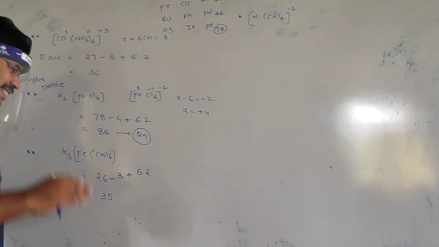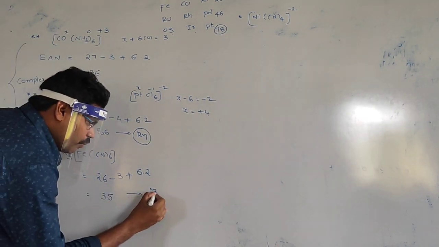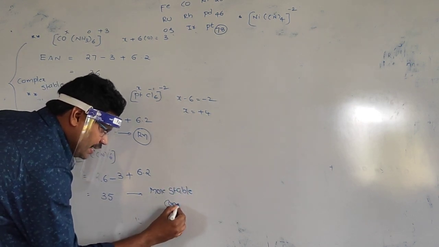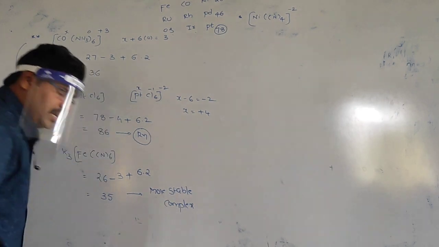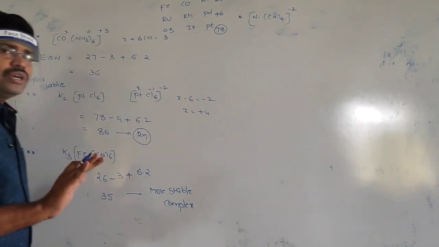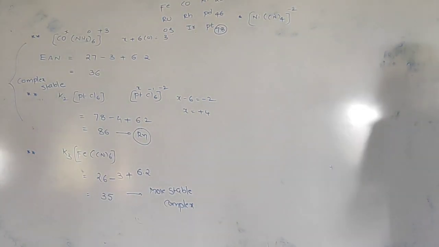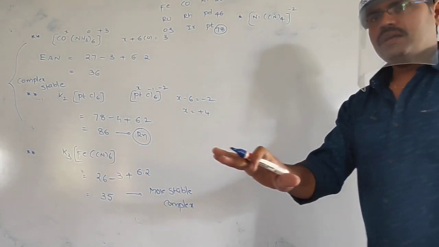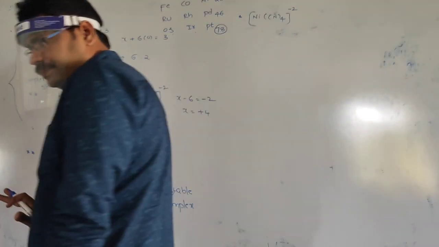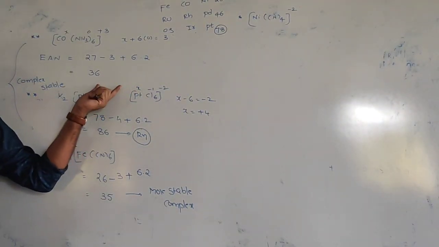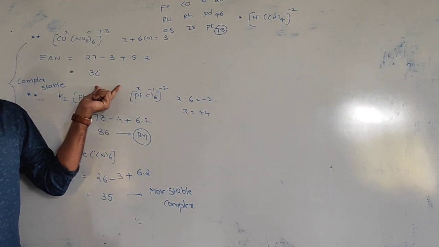So in reality this is also a stable complex, and that's why Sidgwick's theory, that only complexes having effective atomic number equal to an inert gas atomic number are stable, is not possible. The calculation of EAN is of course very important from the examination point of view.